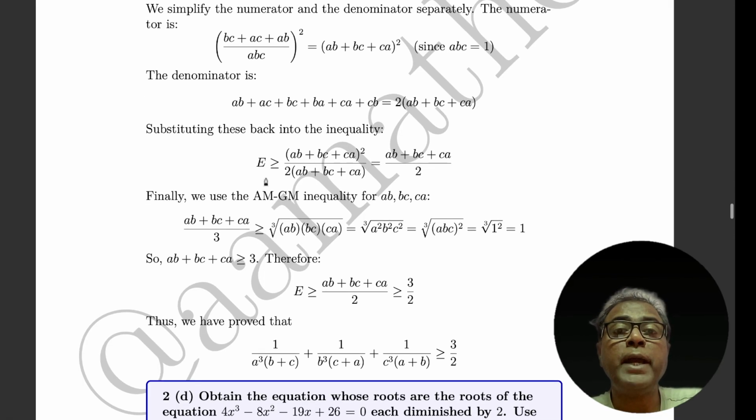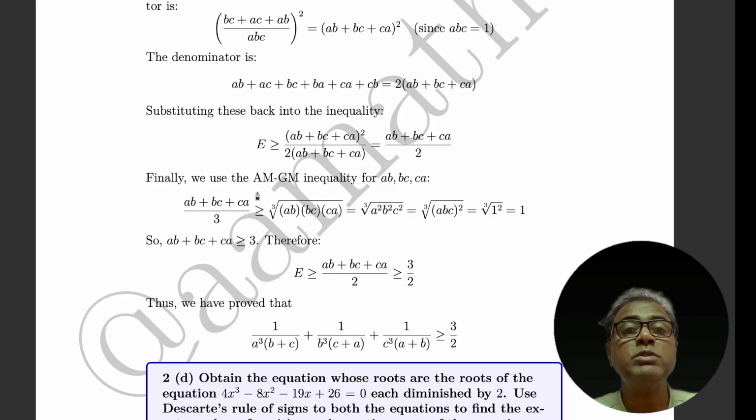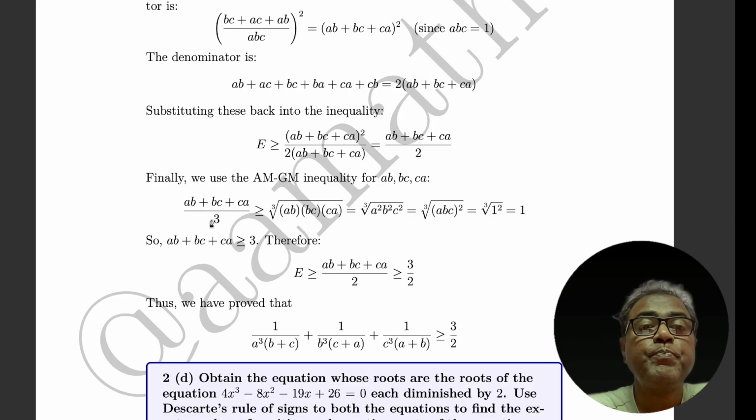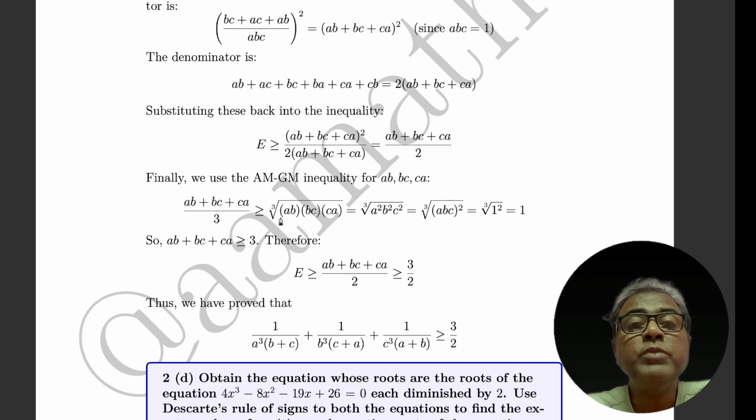Substituting this back into the inequality, we get the terms cancel each other, as ab plus bc plus ca is not equal to 0. So E is greater than this. Now using the arithmetic mean geometric mean inequality for ab, bc, ca, the arithmetic mean (ab plus bc plus ca) divided by 3 is greater than or equal to the cube root of ab into bc into ca.